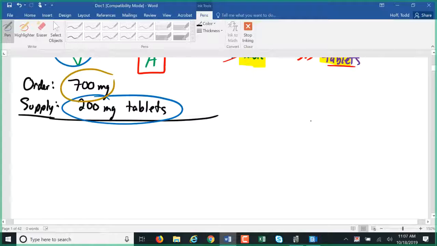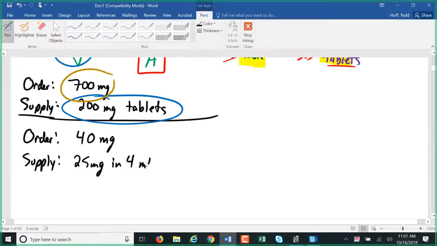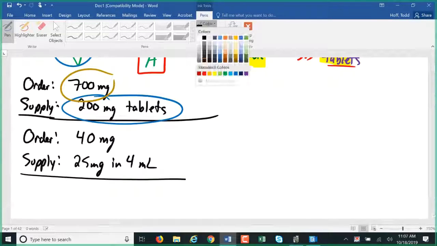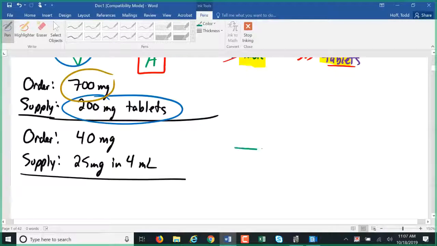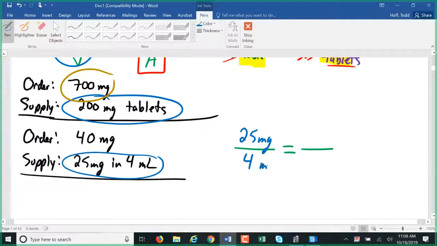Our second example is an order of 40 milligrams of medication. The label on our bottle told us the supply was 25 milligrams in 4 milliliters. So our supply again gives us the on-hand dose and the vehicle, 25 milligrams, 4 milliliters.